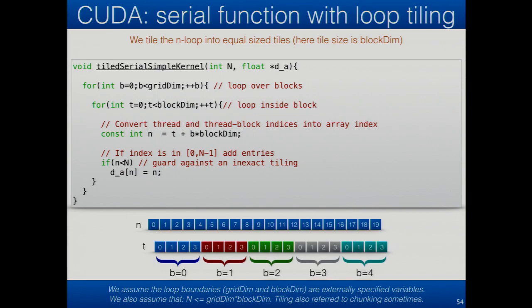Okay, so we'll write it out in actual code. It's still serial code, but I'm starting to mutate this towards CUDA. Okay, so I'm going to loop over the blocks, and there's going to be grid dim number of blocks.